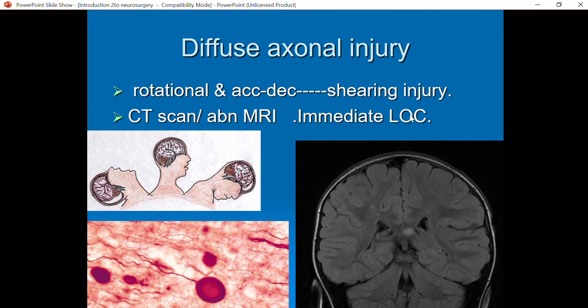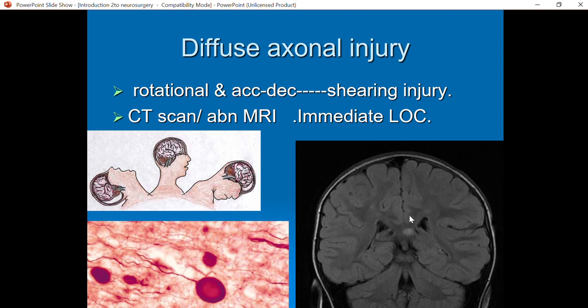The common site for diffuse axonal injury, of course, because it's axonal injury, is the white matter. So we don't see diffuse axonal injury in the gray matter. It's in the white matter, and commonly seen in the corpus callosum.